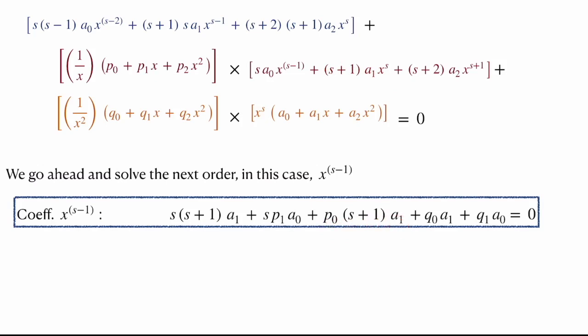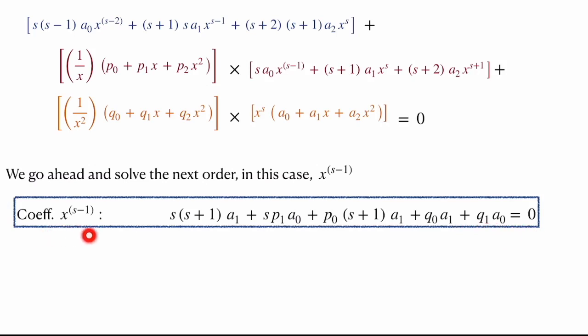Now the two more terms of x to the power s minus 1 come from this term. The first one comes from multiplying q0 with a1 x, and the second term comes from q1 x with a0, and that together gives q0 a1 plus q1 into a0 equal to 0.